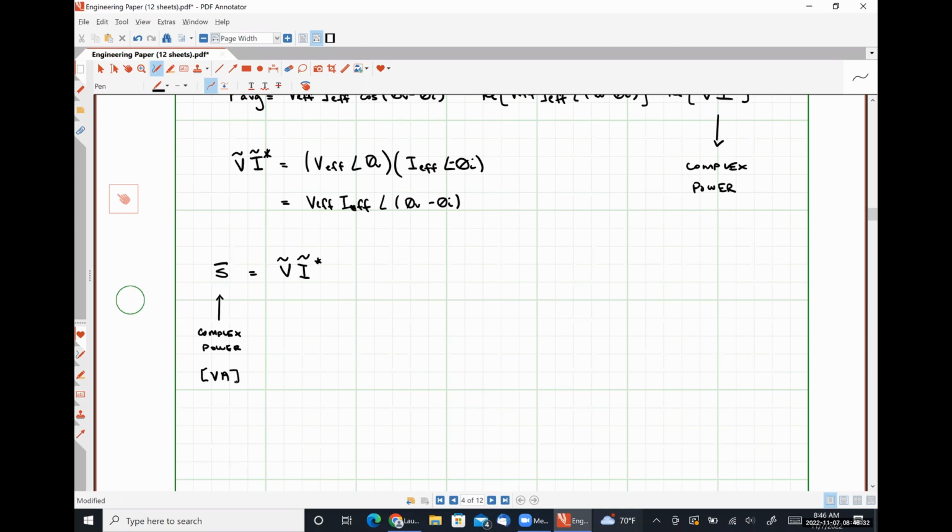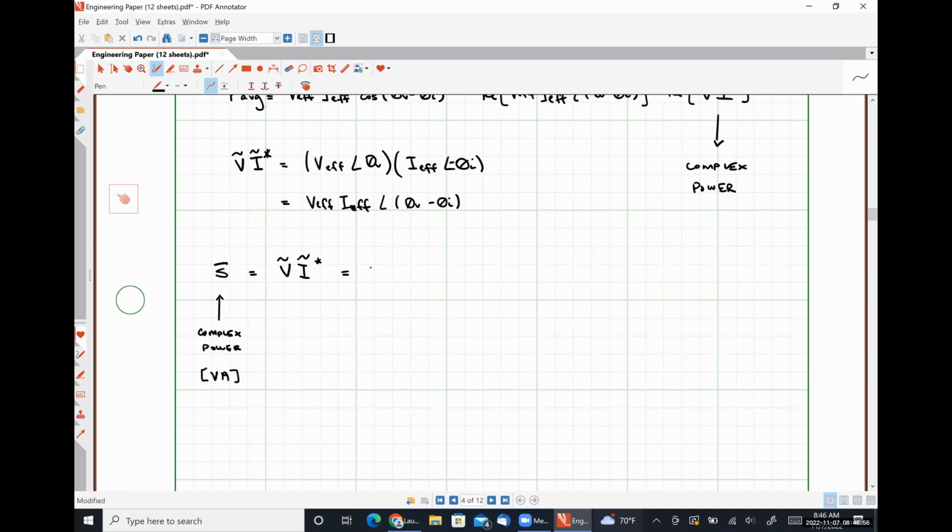All right, so since our complex power is simply the product of two complex numbers, it will obviously also be a complex number, meaning that we can represent it in a rectangular form or a polar form. So let's start with the rectangular form.